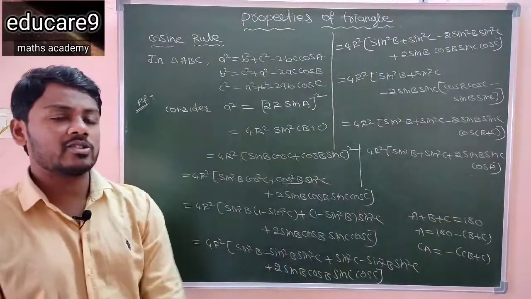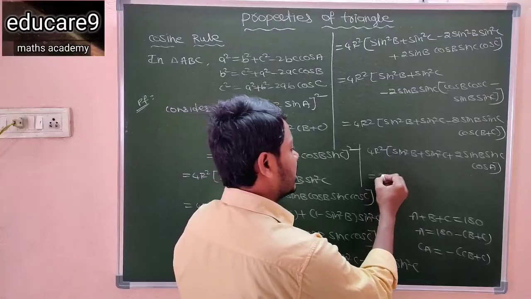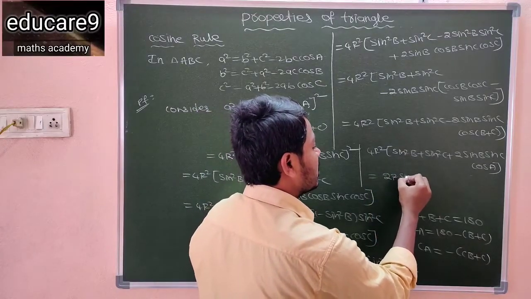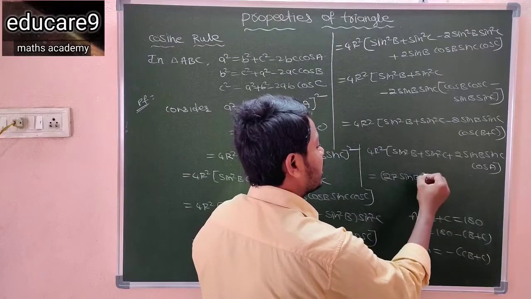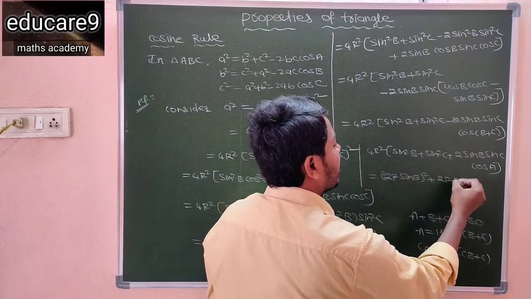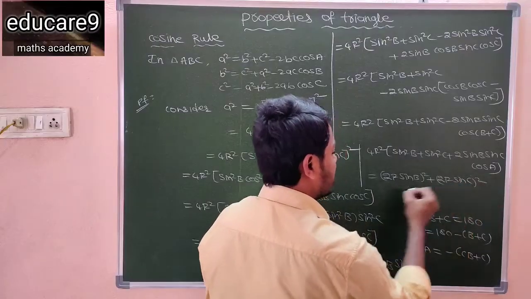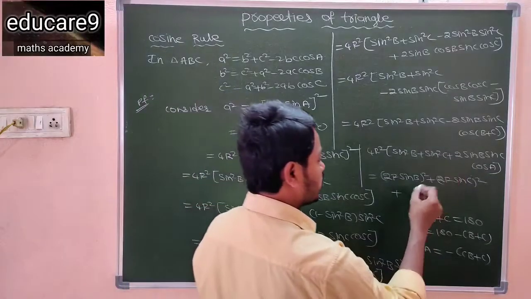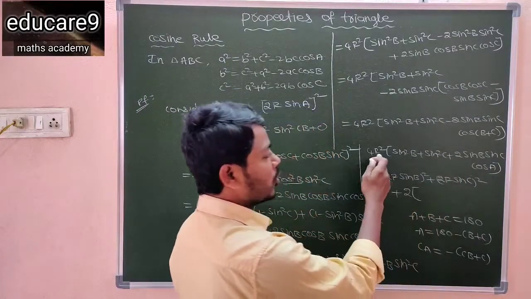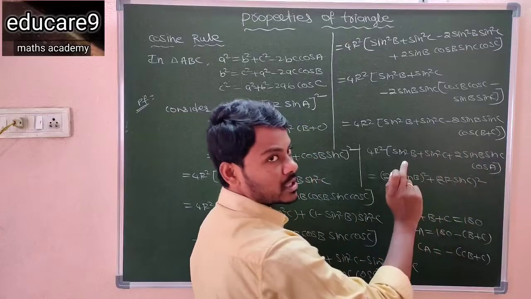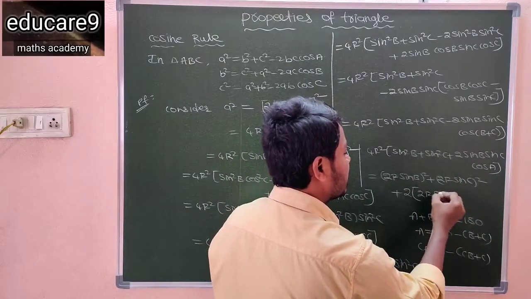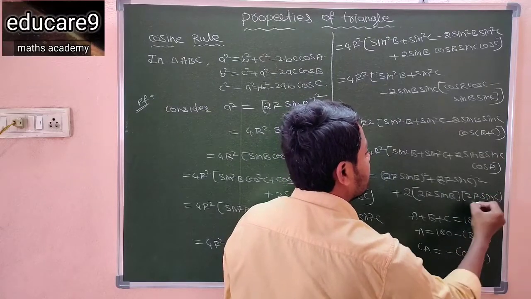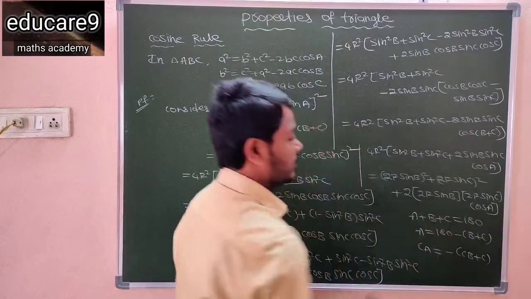Now multiplying 4R squared inside, what you get is 4R squared sin squared B, that is (2R sin B) whole squared, plus (2R sin C) whole squared, plus 2 into 4R squared, which can be written as 2R sin B into 2R sin C, into cos A. Okay.